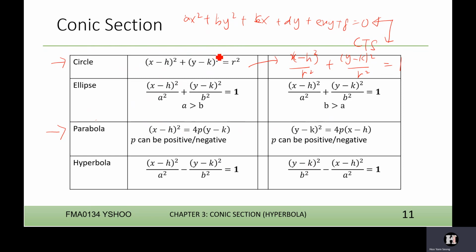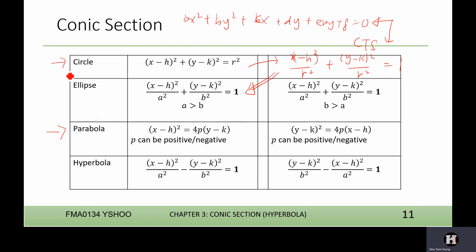That is the main reason people say the circle is a special type of ellipse, because once written with denominators it looks almost like an ellipse. The only difference is that instead of a squared and b squared, they are r squared and r squared. So when a and b are equal, you fall into a circle. So the circle is a special type of ellipse.